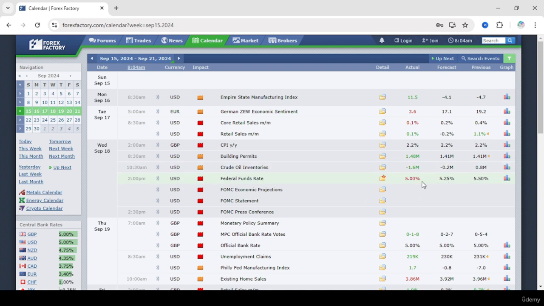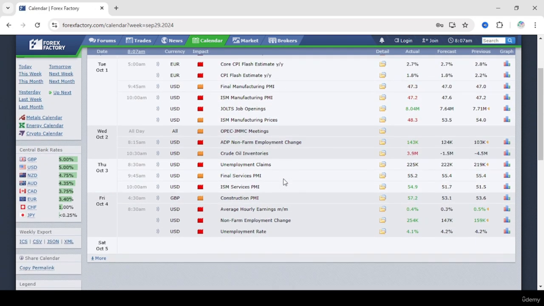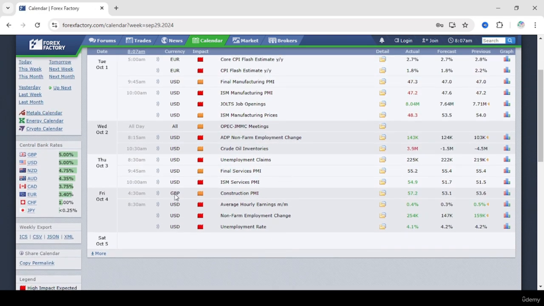You can see, like here at FOMC, they say the actual, okay, let me go to something that has not yet happened. Like this one is the Friday non-farm payroll NFP.